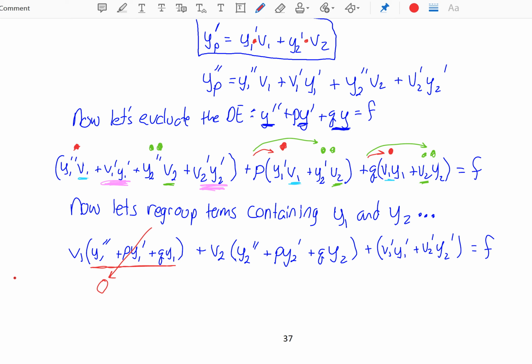That's what the definition of our homogeneous solutions are. Similarly, on our second grouping, y2 is a homogeneous solution. It means that all this has to be 0 when I evaluate it at y2. All that's left over then is these last two parts.